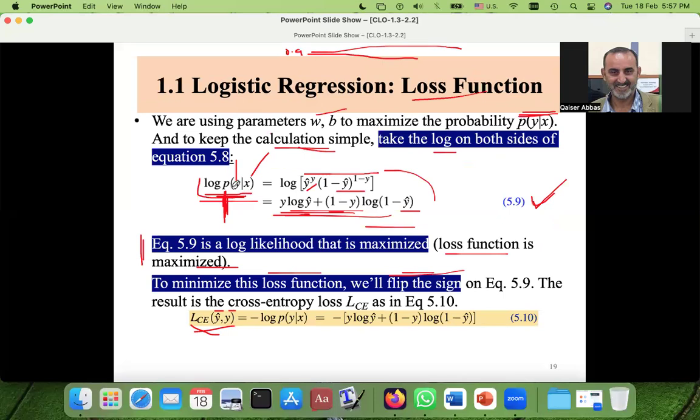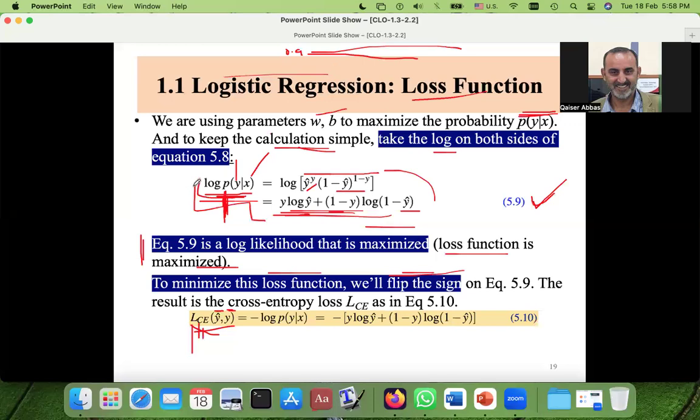We are now saying that this is the formula for the loss. And loss from what? Loss between the predicted class and the class available in the dataset. And we are calling it cross entropy loss because we are in logistic regression.